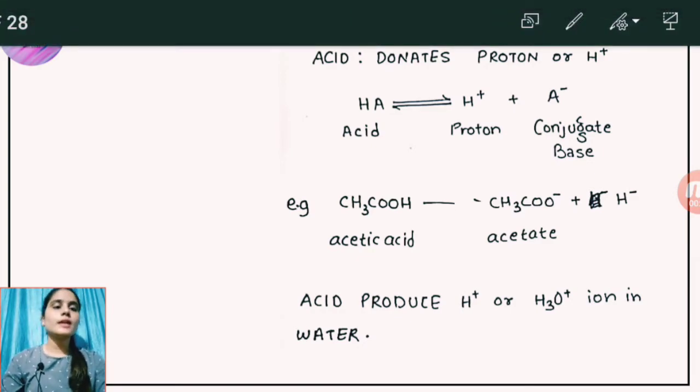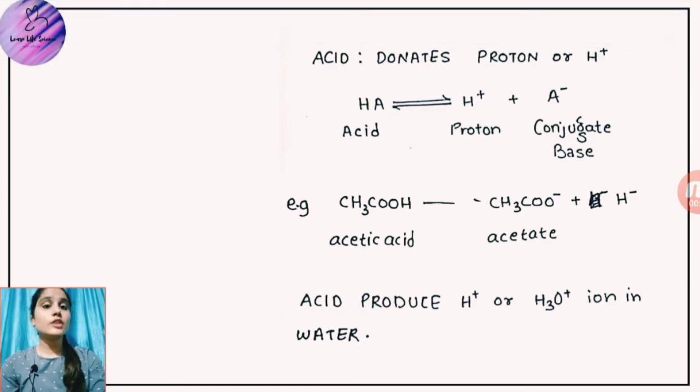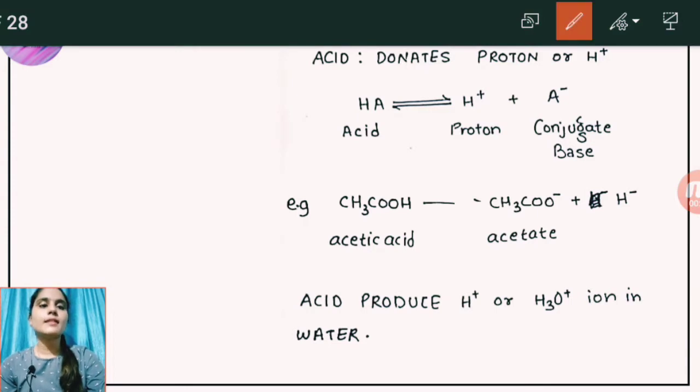Generally we all know that pH designates the strength of hydrogen ion, the concentration of hydrogen ion in any particular solution. When we talk about acids, it generally denotes a proton or a hydrogen ion. For example, I have given here an acid, HA.